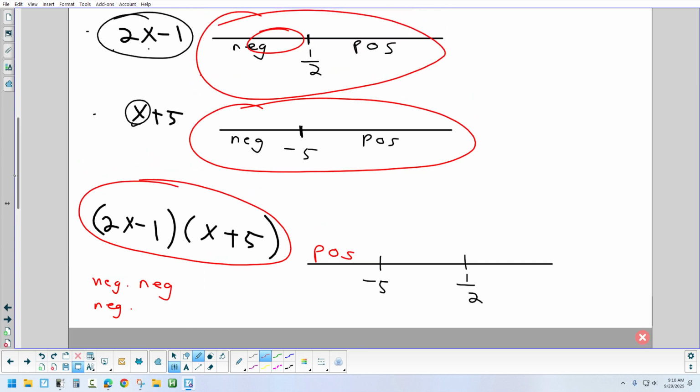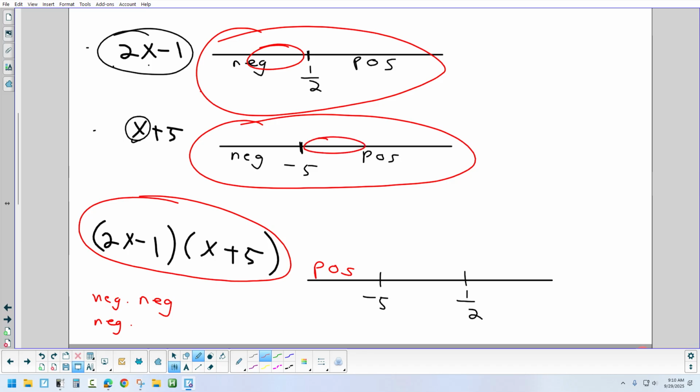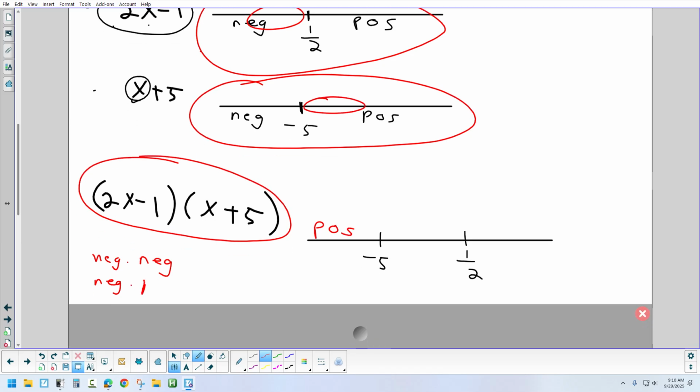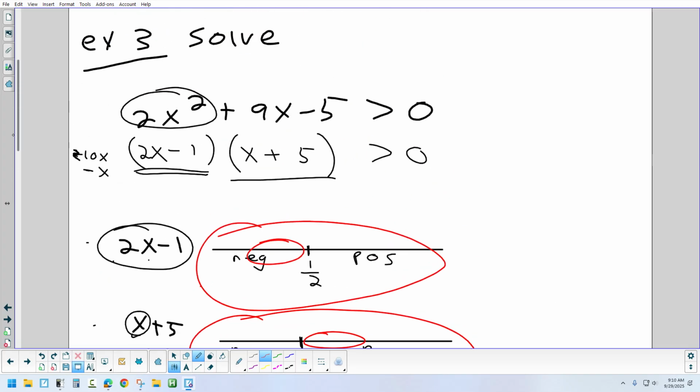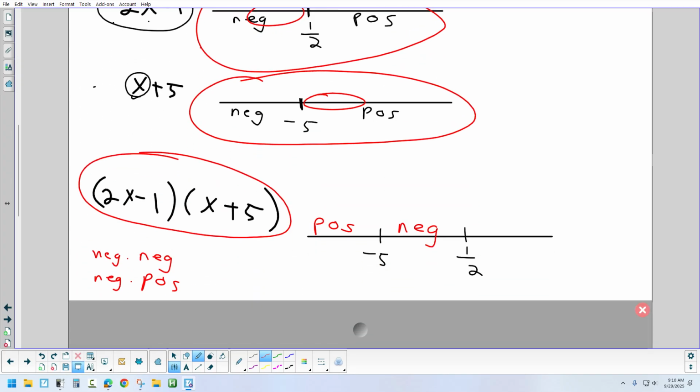Positive. Yep, you'd be in the positive. That would put you right about there somewhere. And if you multiply a negative times a positive result, you will get a negative. Okay, that's not something we're interested in because we want to know where things are greater than 0. If you plug in numbers in that section, you're less than 0.